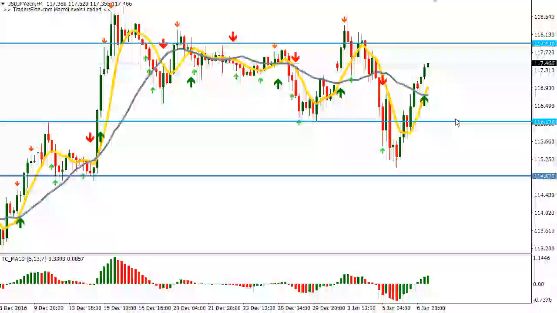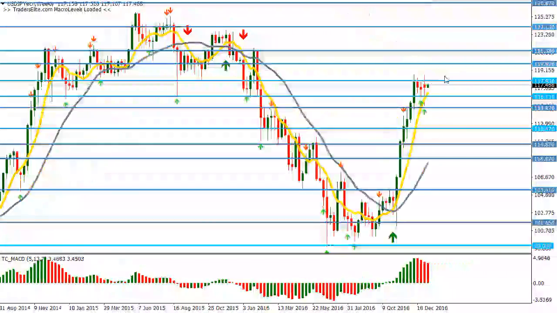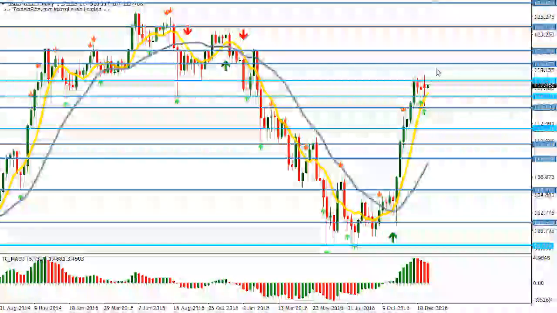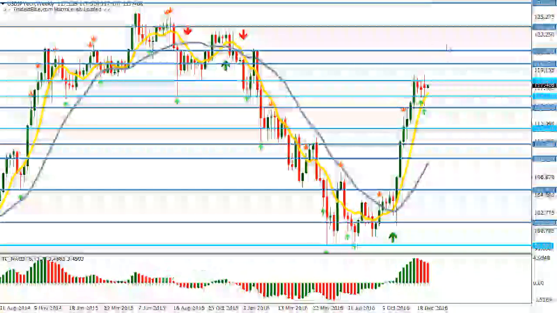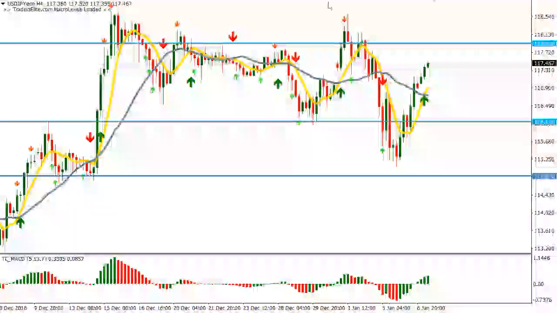So there's still good opportunities here, I would say, for the price to move upward towards 119, 120, 121, or even above. There's a lot of things happening in the world, obviously, so that's certainly going to help.